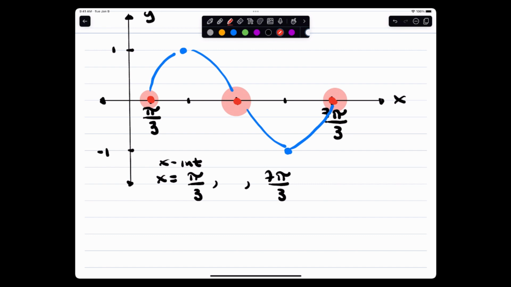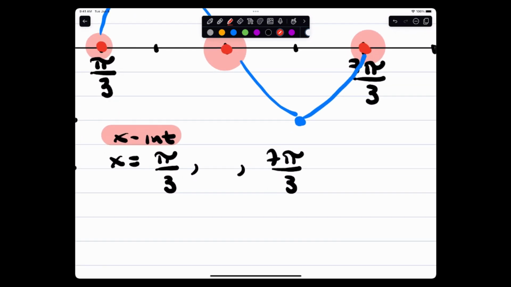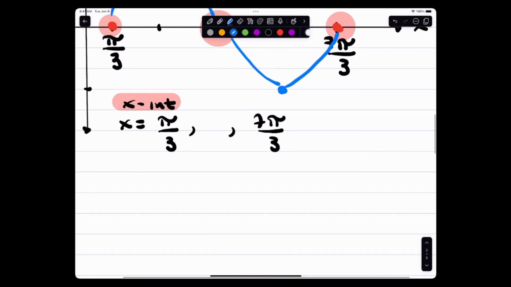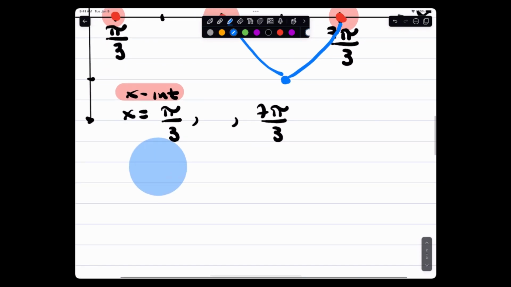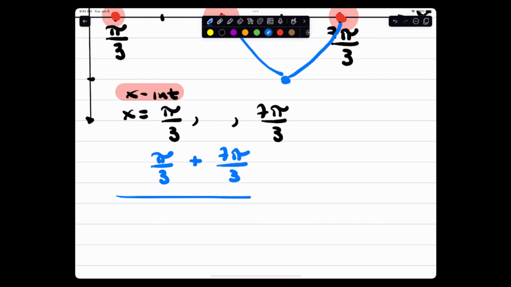So how do I get that x-intercept? Good job. You add them and you what? Divide by 2. Good. Thank you for remembering that. See what I'm saying? Hard work pays off. Pi over 3 plus what? 7 pi over 3 divided by 2.